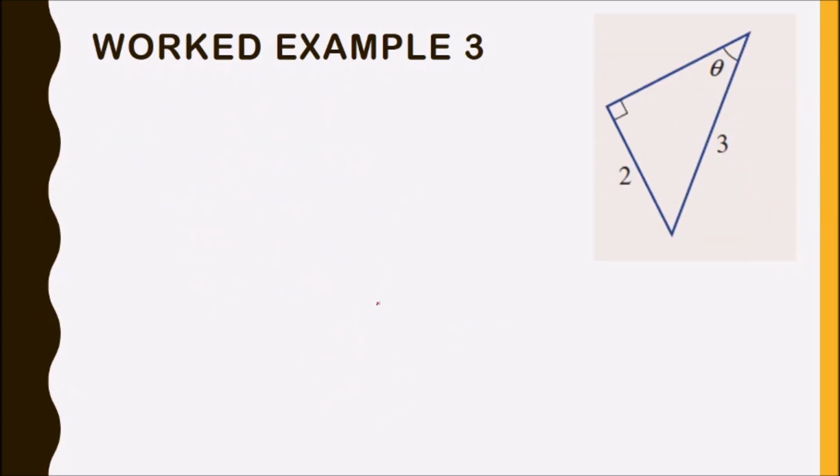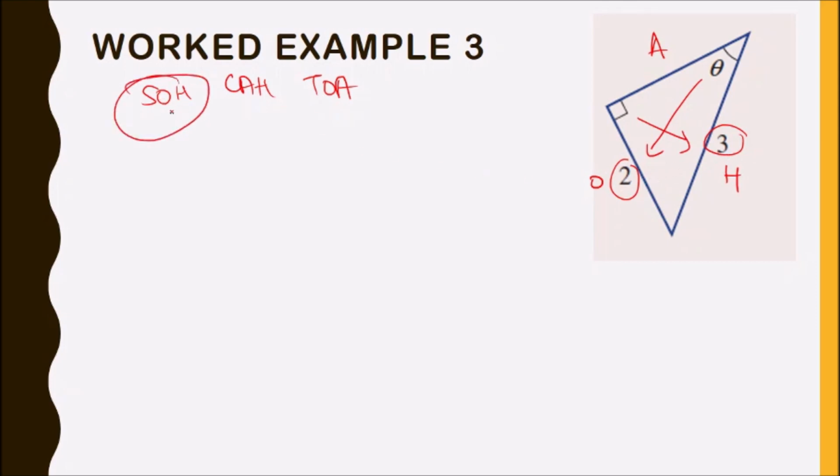So we've done that. Now we're going to do the last one. So we can see opposite the right angle is the hypotenuse. Next to the angle over here is adjacent, and opposite the angle is opposite. So we know that in SOHCAHTOA, I've decided to not write the sides out. So we're being familiar with the letters I'm using. We can see O and H are being used because the numbers have been given for O and H. So O and H, there we are, O and H. This is A and H, this is O and A, so we're not using these.